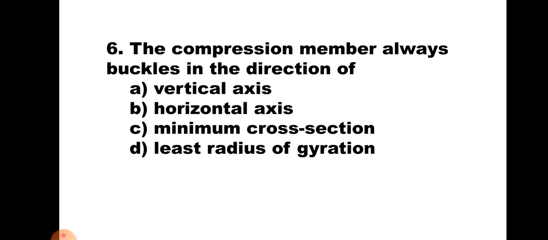Question number 6. The compression member always buckles in the direction of A, vertical axis, B, horizontal axis, C, minimum cross section, and D, least radius of gyration. Now, whenever we find out the buckling load of the column, we know that it always buckles in the plane where I is minimum, and as I is minimum, radius of gyration, which is root of I upon A, is also minimum.